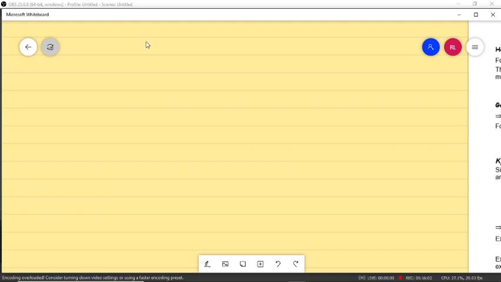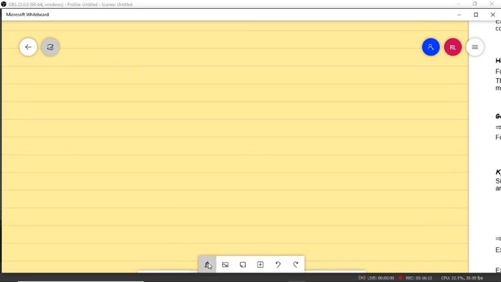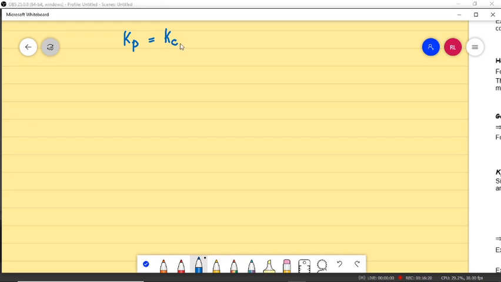You have the formula. What is the formula for K sub P? K sub P is equal to K sub C quantity RT raised to the power of delta N. This is delta N. How is it derived?